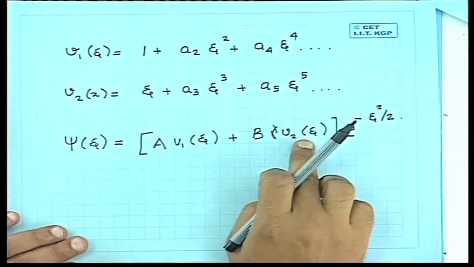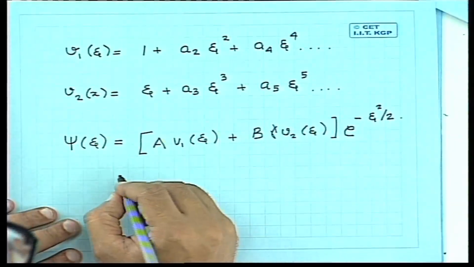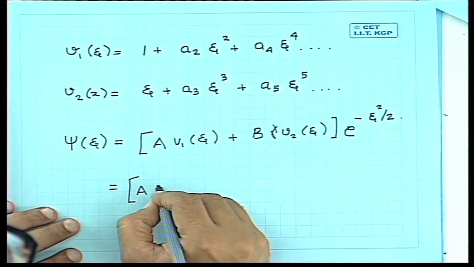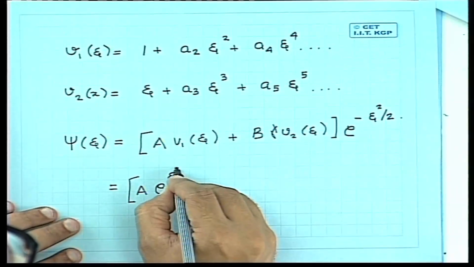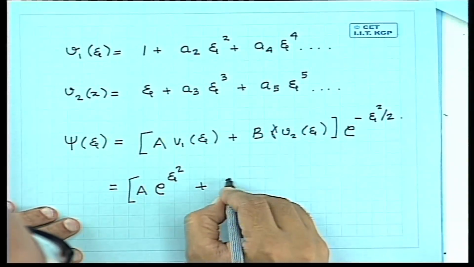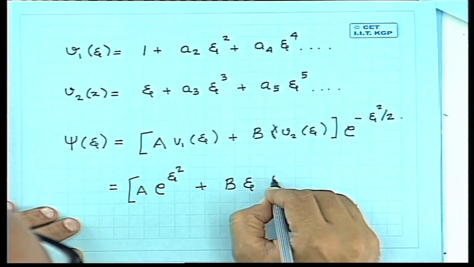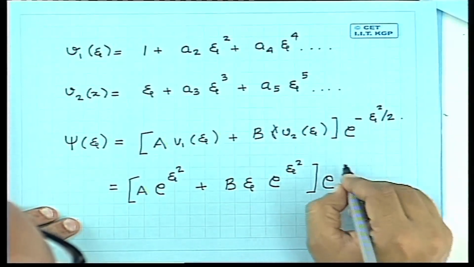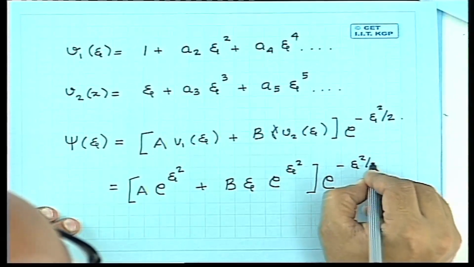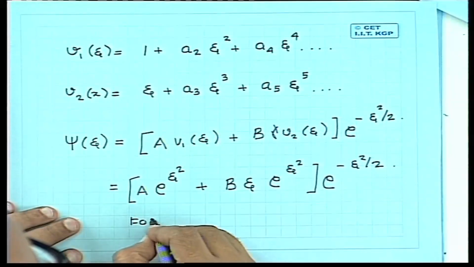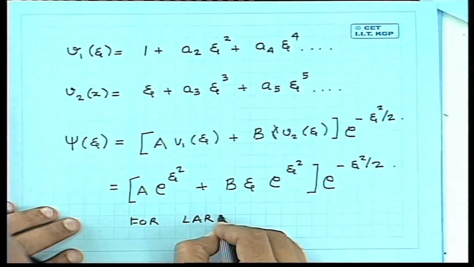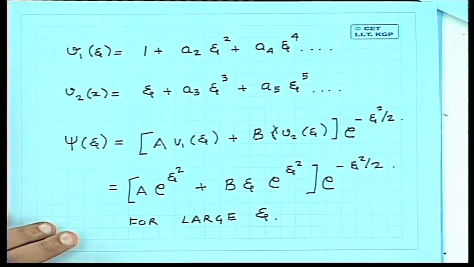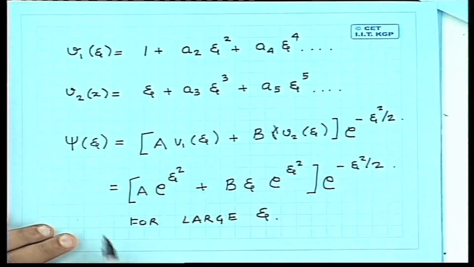If we put back those two forms into the wave function, what we get is that for large xi, this behaves as a e to the power xi square plus b xi e to the power xi square, times e to the power minus xi square by 2, for large xi. So we find that for large xi, the wave function behaves like this.